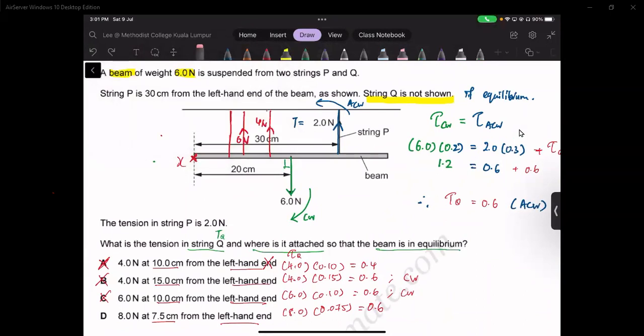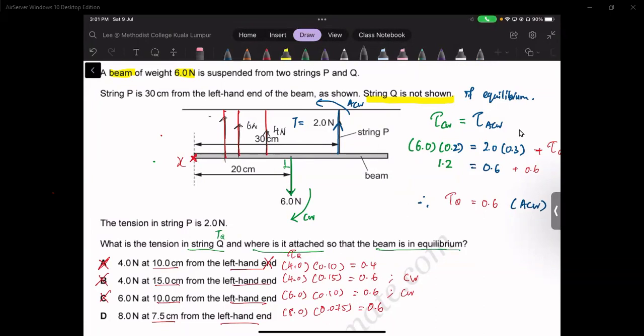What do you think? Let's draw. Let me draw a bit more accurate, because there are two conditions for equilibrium. So here is 4 Newton. Here is 6 Newton.